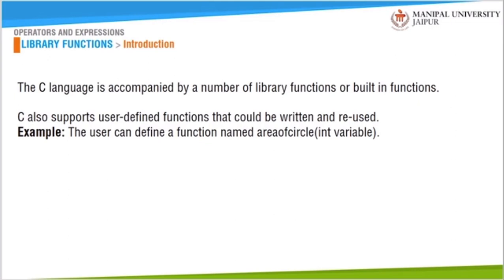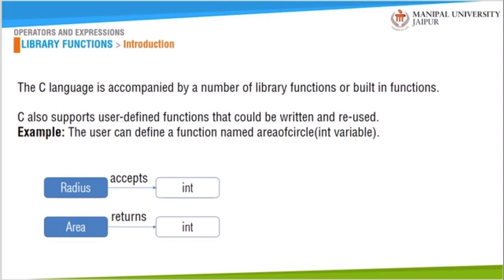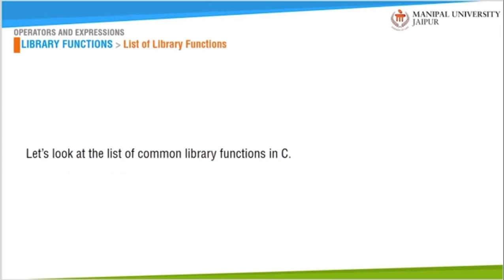For example, the user can define a function named area of circle. This function would be defined in a way that accepts the radius as an int variable and returns the area as an int. Let's look at the list of the common library functions in C.